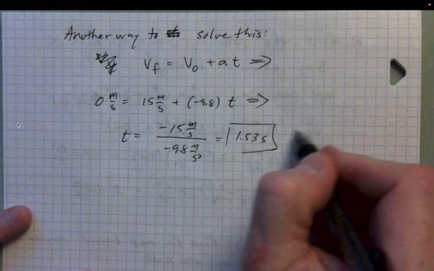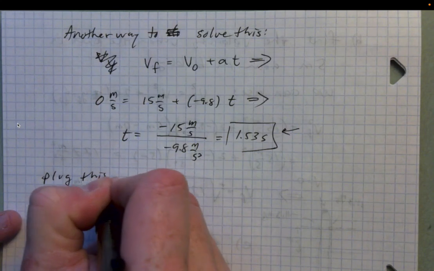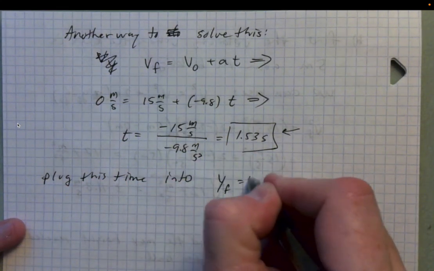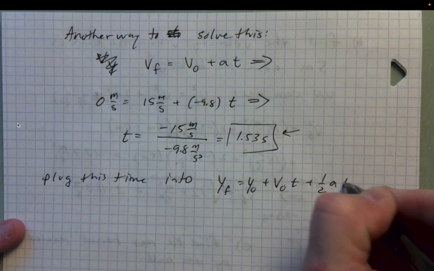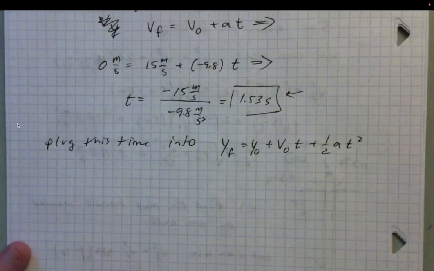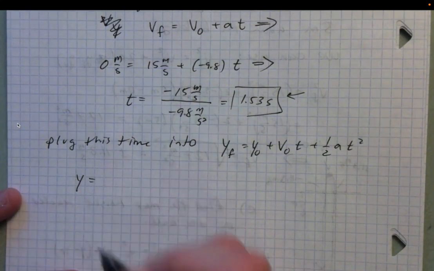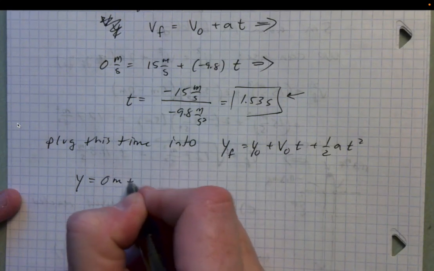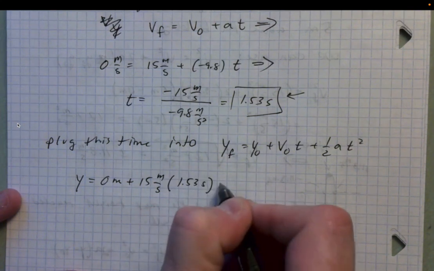I can then use this in a standard position function. So we can plug this time into y final equals y initial plus v initial times t plus 1/2 acceleration times t squared. I can plug that time into this expression to figure out the height, the actual position. Okay, and so doing that, I would say y is equal to the initial position is 0 meters plus 15 meters per second times 1.53 seconds, right?